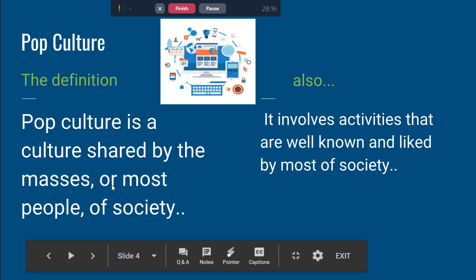Now, let's continue to pop culture. Pop culture is a type of culture shared by the masses or most people of society. It also involves activities that are well known and liked by most of society, and easily recognizable. And not just activities, but also products and media.